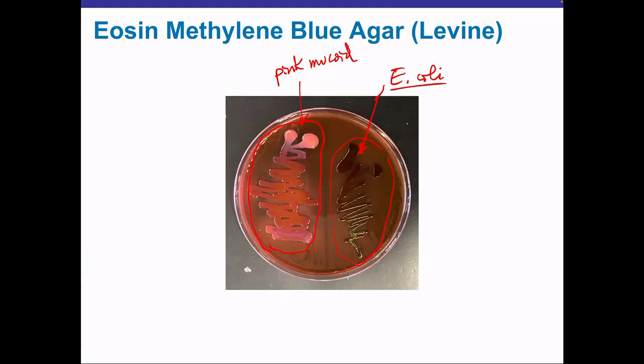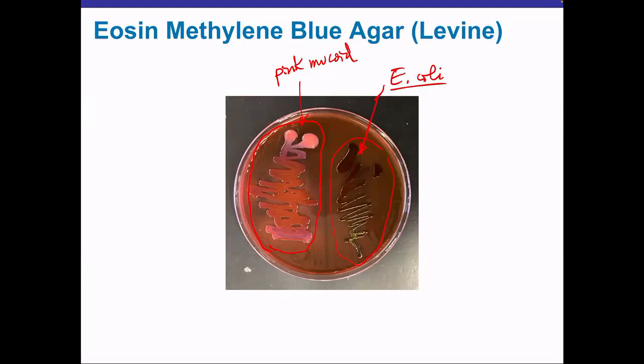Then you will have those gram-negative bacteria that are non-fermenters, that cannot ferment lactose, and instead of producing acid and decreasing the pH, they may actually increase the pH by deamination of proteins. This ensures that the dye will not be absorbed, and the colonies in this case will be colorless.